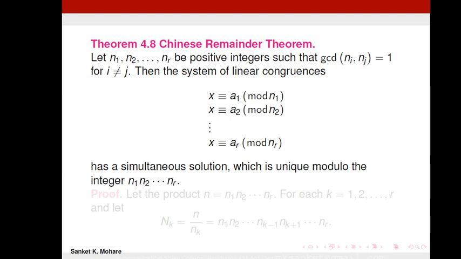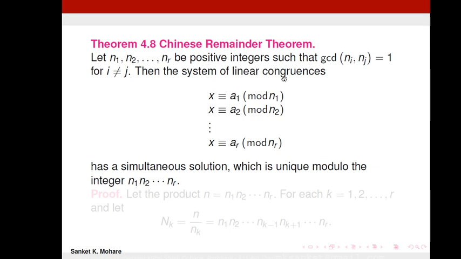Now let's start the Chinese remainder theorem. So the Chinese remainder theorem states that let n1, n2, and so on up to nr be positive integers such that GCD of ni, nj is equal to 1 for i not equal to j.